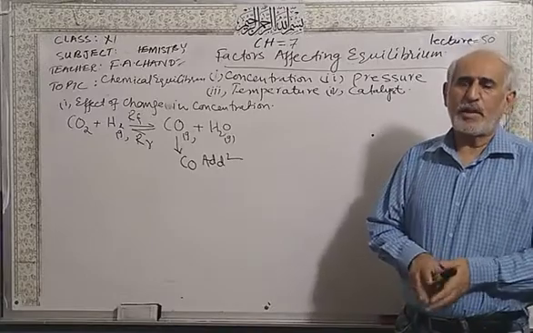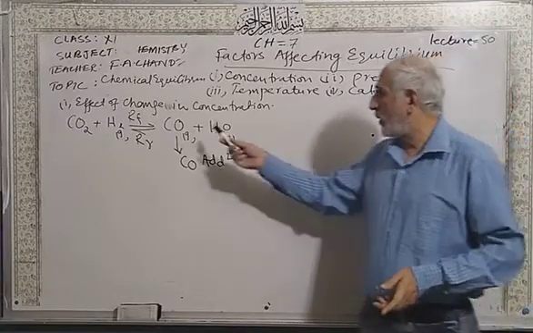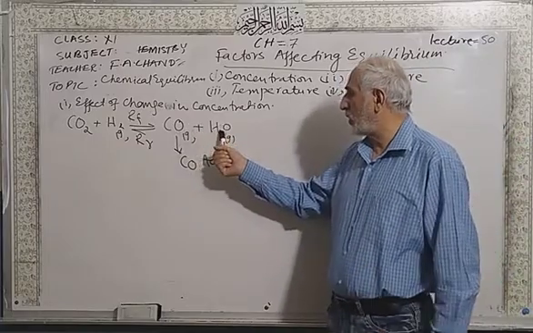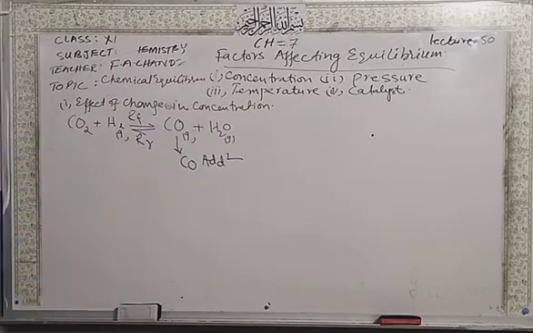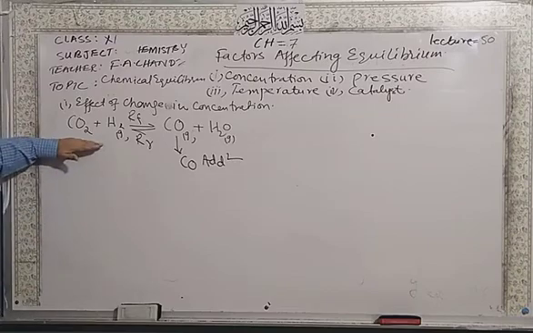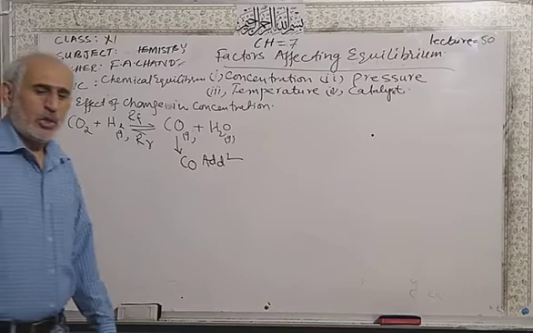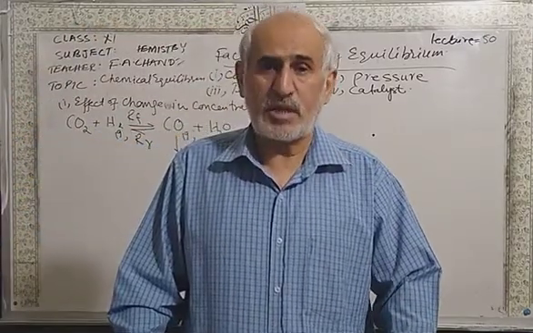The concentration of carbon monoxide is going to be increased, and carbon monoxide further reacts with water, shifting the equilibrium towards the reactant side, the left side. The equilibrium must shift towards the reactant side, and a new equilibrium will be established with the new concentrations.